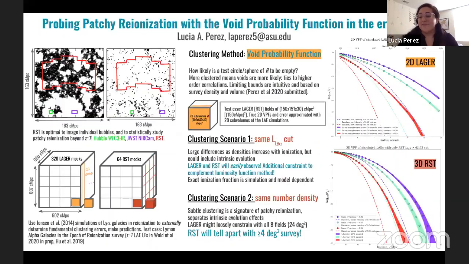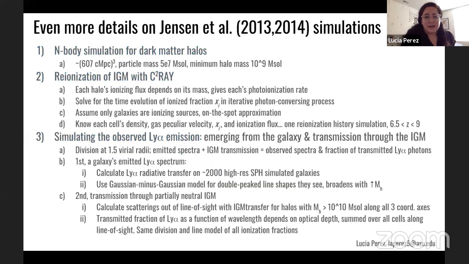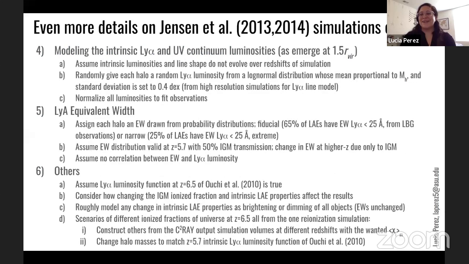If I recall correctly, and feel free to correct me in the chat, those who worked on this, the biggest thing was that they simulated the observed Lyman Alpha emission as it emerged from the galaxy and then, as a separate step, as it went through the IGM. I don't want to speak too much and be wrong, because this was a lot of really careful work. So I will leave this here so folks on YouTube can read my summary and pause on it. But that's a great question.